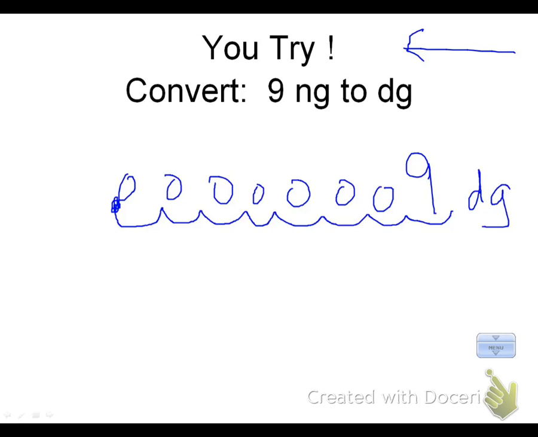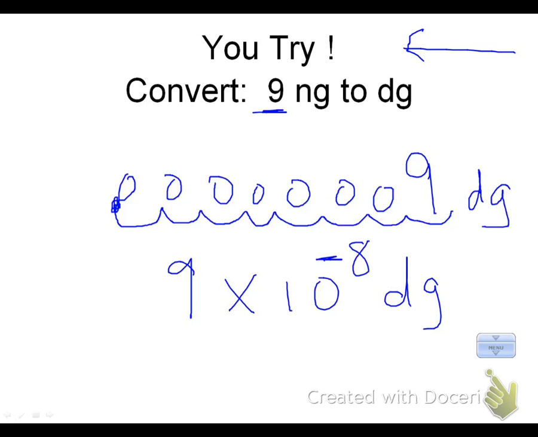Let's clean it up a bit. Scientific notation is 9 times 10. And converting just a single number is pretty easy. You just reverse what you did. There's no difference in the exponent and number of steps, so that's easy. 9 times 10 to the minus 8th decigrams.